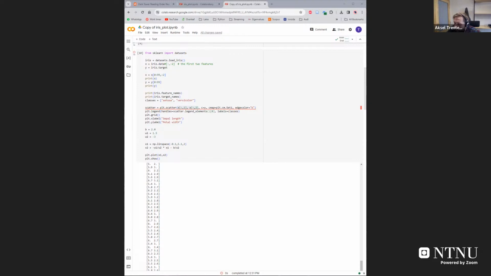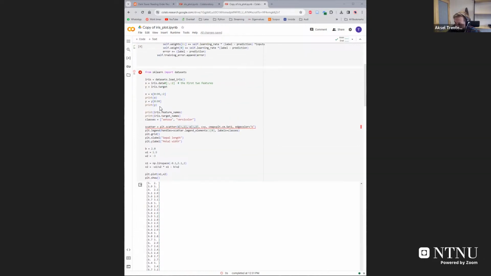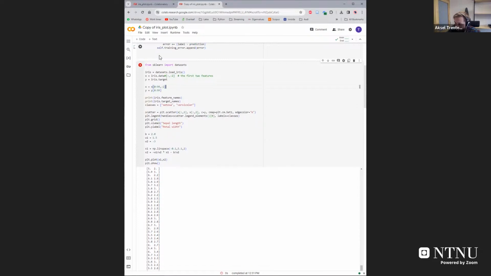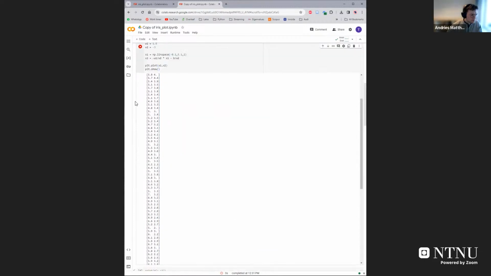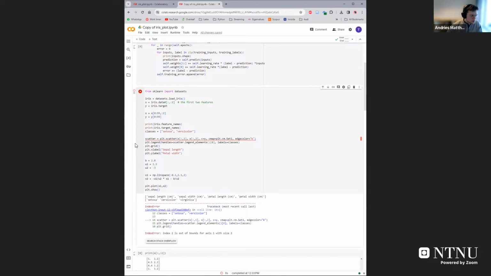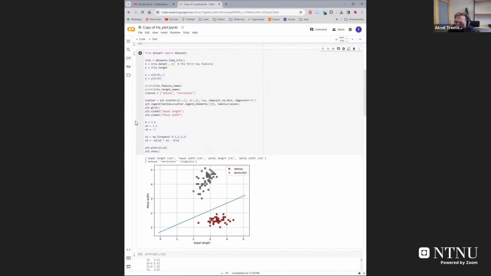Number weights. Let's see. Can you print the weight?